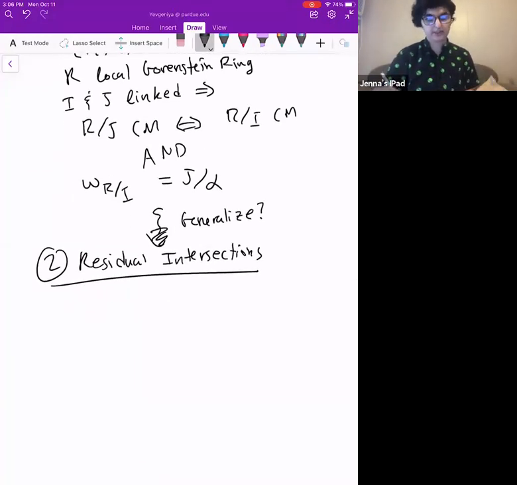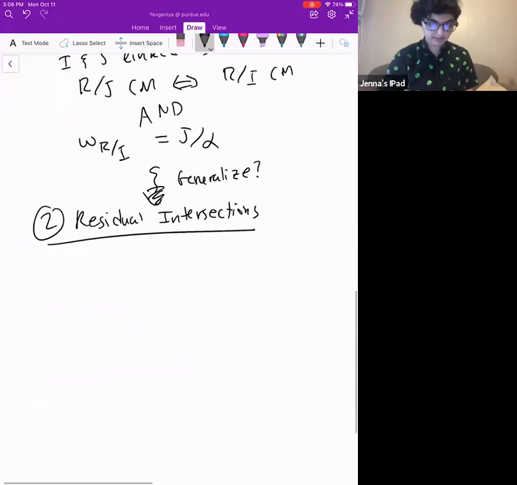So again, for historical reasons and for the geometers out there, we'll start with a geometric definition.